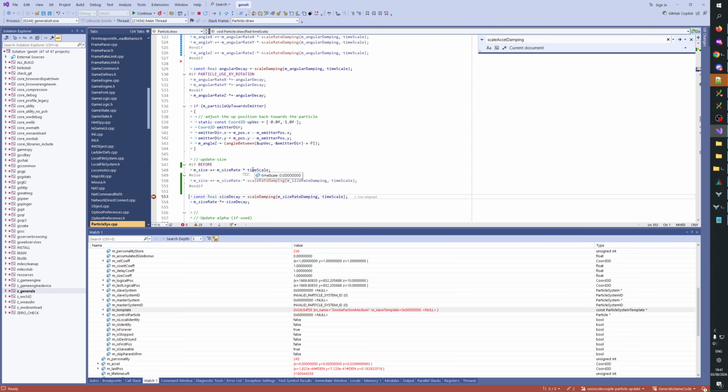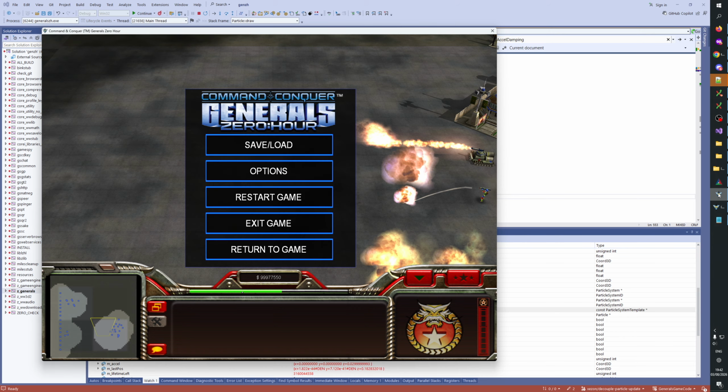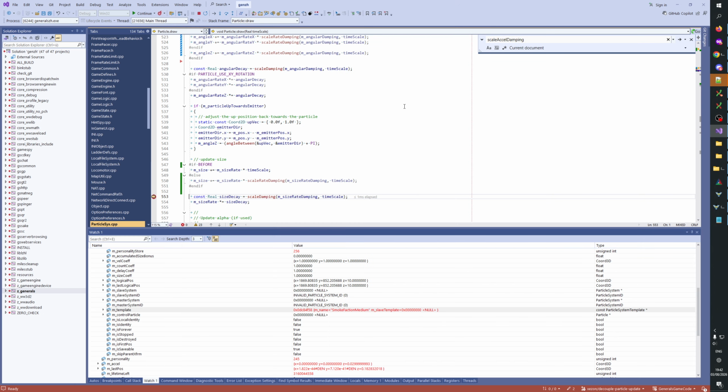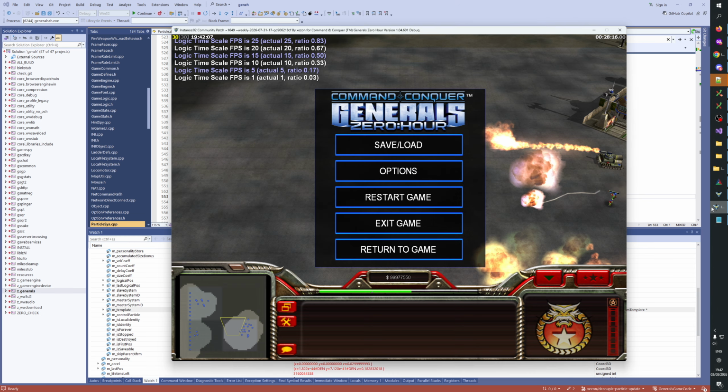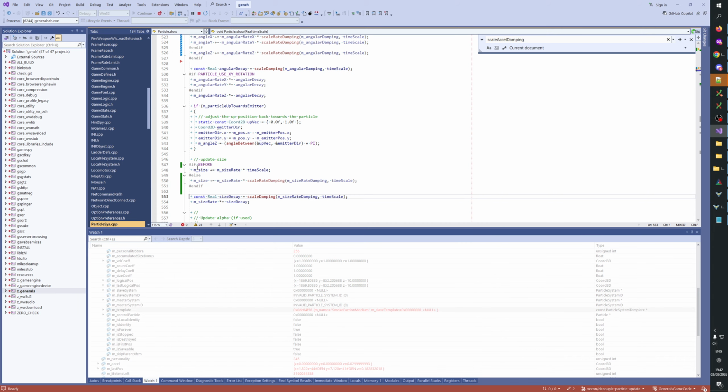Okay, but this one is 0. Yeah, so if it's paused, then nothing happens. Let's say it is not paused, then what happens? So time scale is 0.33.